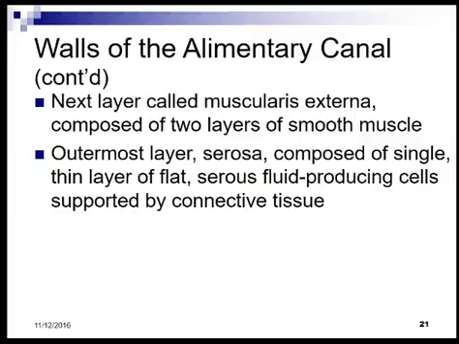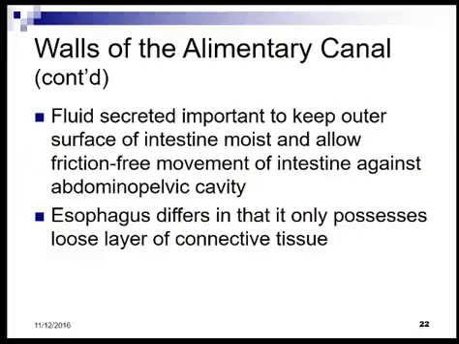The outermost layer, the serosa, is composed of a single thin layer of flat, serous, fluid-producing cells supported by connective tissue. Fluid secreted is important to keep the outer surface of the intestine moist and allow friction-free movement of the intestine against the abdominopelvic cavity. The esophagus differs in that it only possesses a loose layer of connective tissue.